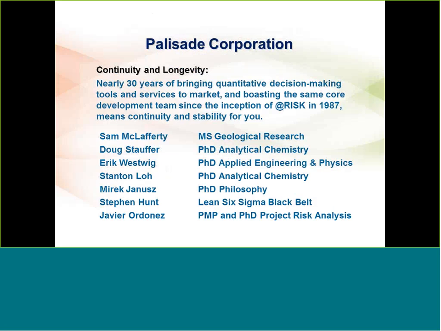One of the things we like to boast about is our core development staff has been together for a long time. And this is important to our customers because the best way to describe it is to give an example. When Microsoft came out with Excel 2007 and Microsoft Project 2007, there were leaps beyond Excel 2003.